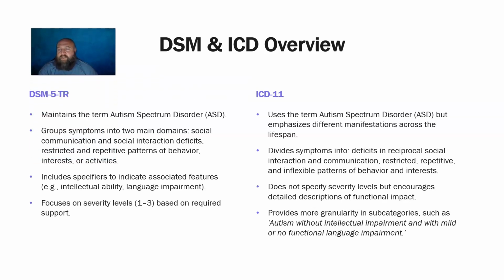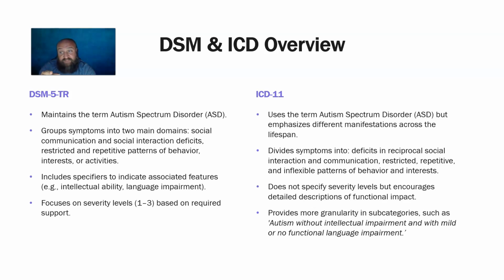Alright, so there are two main manuals that we really look at. The DSM-5-TR, so DSM, by now you probably know, stands for the Diagnostic and Statistical Manual of Mental Health Disorders. It's published in the United States by the American Psychiatric Association, not the American Psychological Association, even though I know it's confusing. They both are known by the APA, but the American Psychiatric Association are the ones who actually published the DSM.